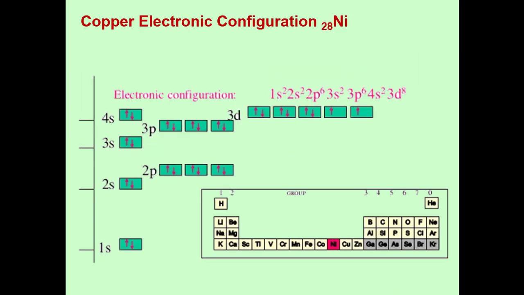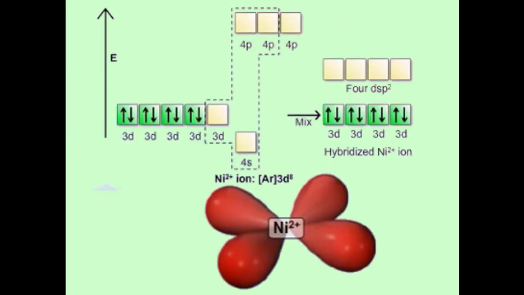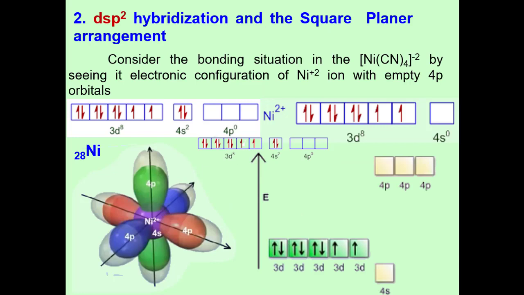Going further, you may remember that in the d orbital a single electron is present in the fourth orientation, and a single electron is present in the fifth orientation. When nickel is in the ionized state and rearranging itself for bond formation, Hund's rule is slightly violated, and this electron is migrated here, leaving this orbital vacant.